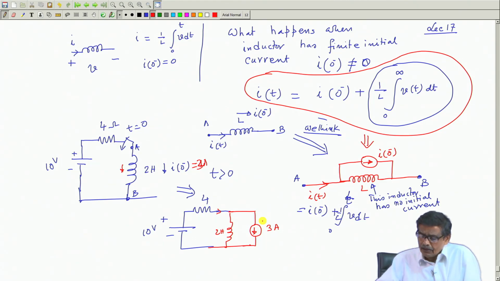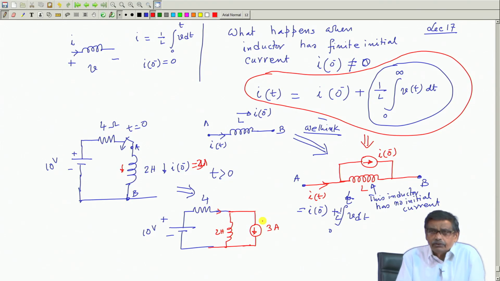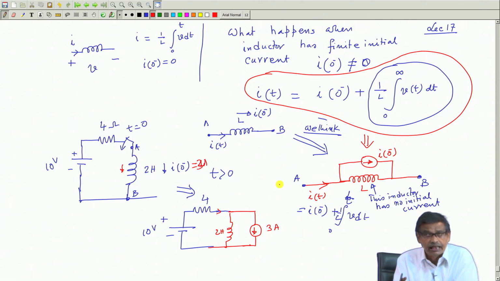One way of handling this situation I know, I will write down the differential equation, solve it, initial condition I 0 minus equal to 3 ampere, one way of solving. But keeping in mind the principle of superposition will be so often used in later stages of this course, we ask ourselves, we are investigating whether an inductor really is a linear element or not, then only you can apply the superposition theorem.